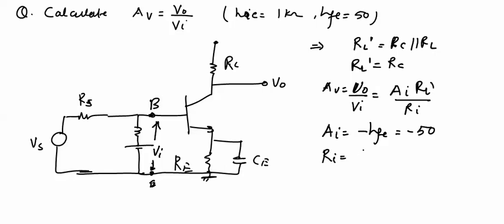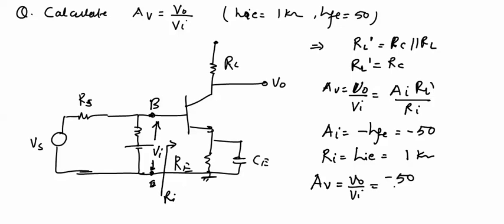Input resistance Ri between these two terminals, Ri, it will be HIE equal to 1 kilo ohm, and now the voltage gain AV equal to V naught upon VI will be minus 50 upon 1 kilo ohm into RL dash equal to RC, and it is given as 2 kilo ohms, equal to minus 100. So this is the voltage gain of this amplifier.